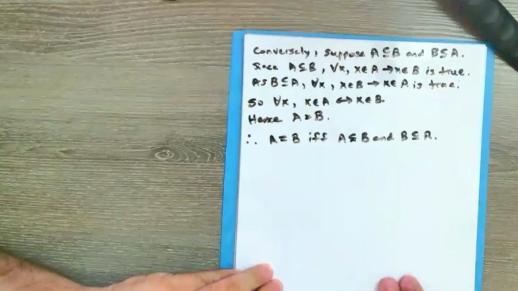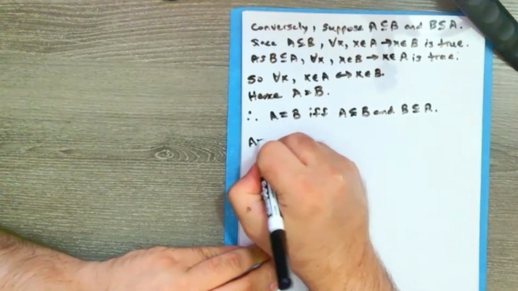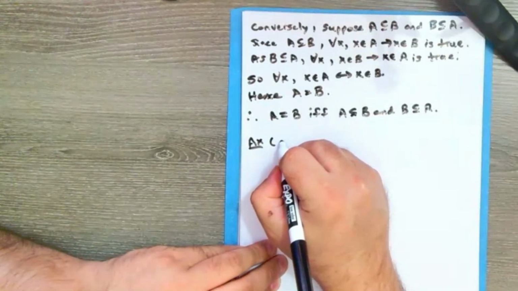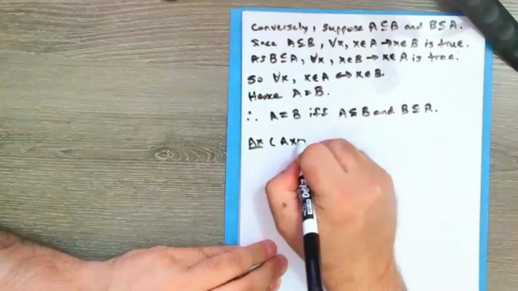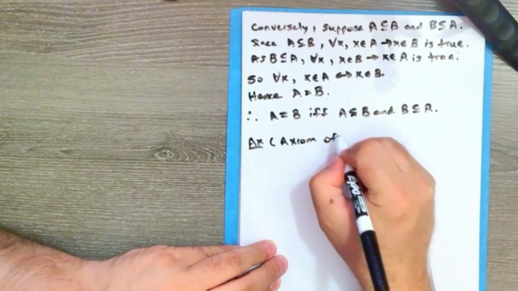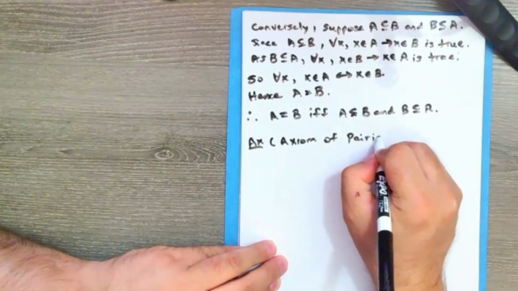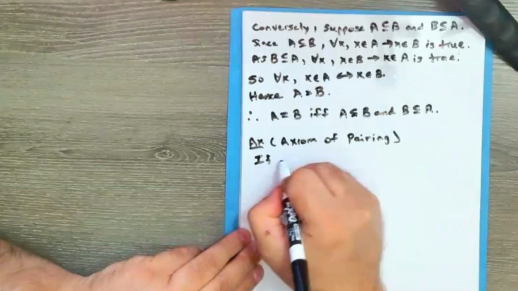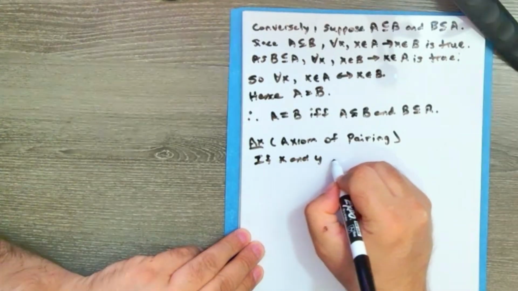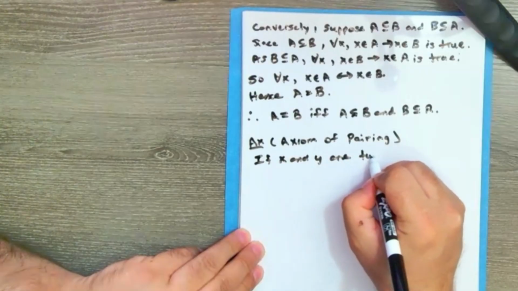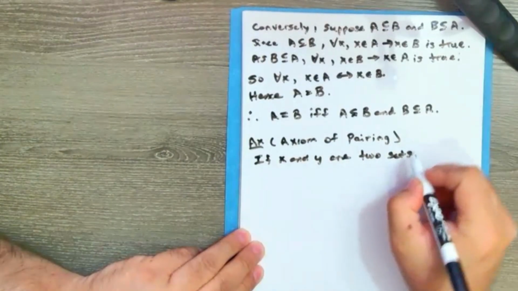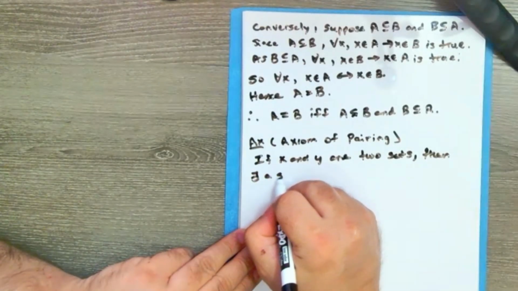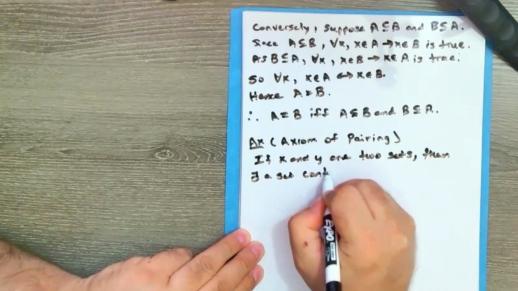So now let's consider another axiom. And this is known as the axiom of pairing. If X and Y are two sets, then there exists a set containing them.